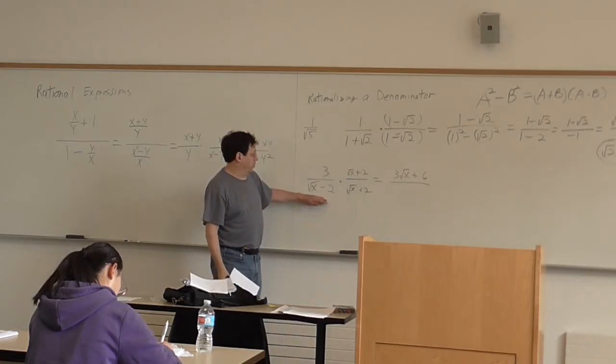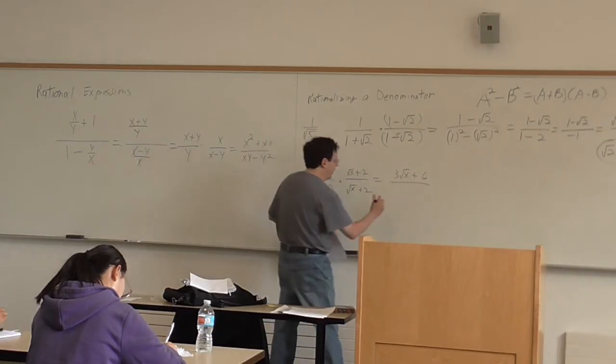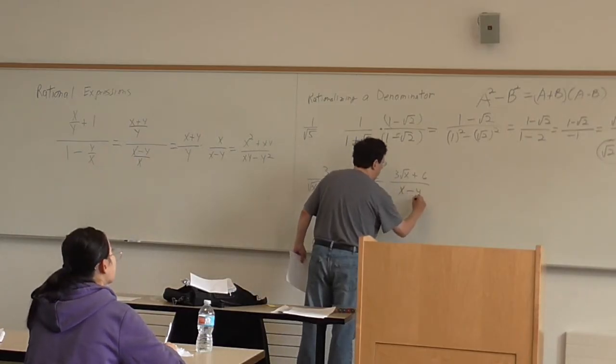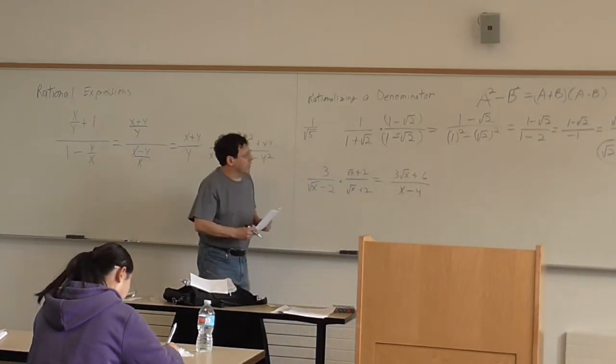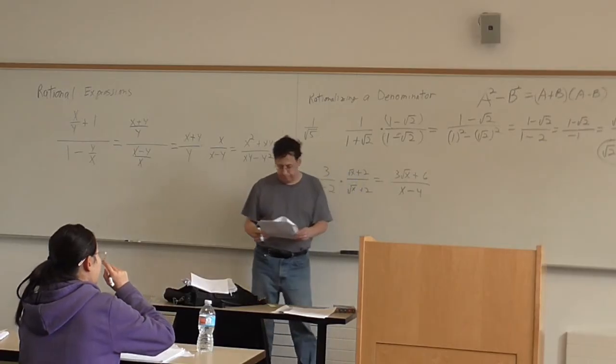So now I have, what? Square root of x squared, that's just x minus 4. There are times when you will want to do this, where this is necessary.